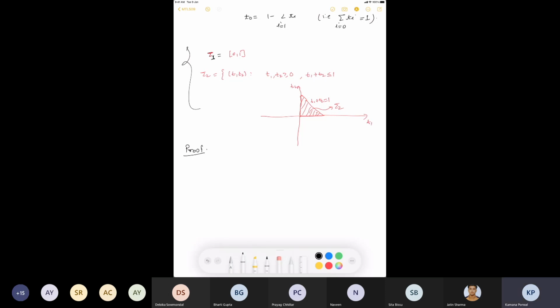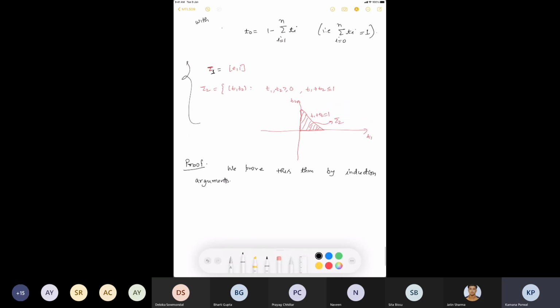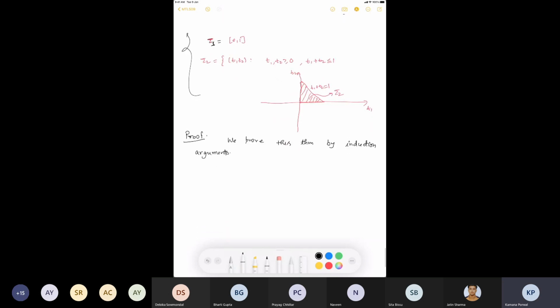I'm going to use the principle of mathematical induction to prove it. So we prove this theorem by induction arguments. For that, we have to see what happens in the base case, that is, let's take the case n equal to 1.